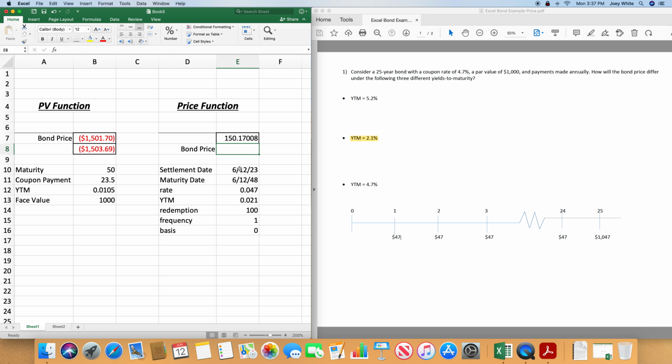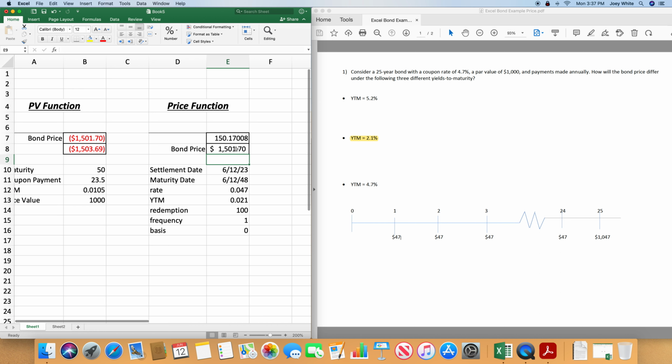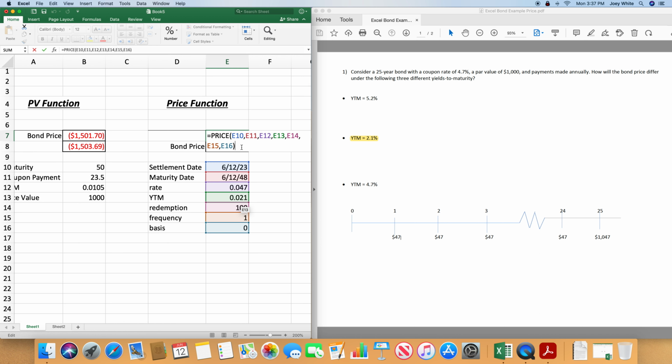If we wanted to turn this into an actual price, we'd have to convert this into decimals, so we divide it by 100, but then we put it in terms of the par value, which is 1,000, so multiply by 1,000. That's basically the same thing as multiplying this by 10. So with the price function, you're always going to need to just multiply it by 10. All right, so we get the same thing.